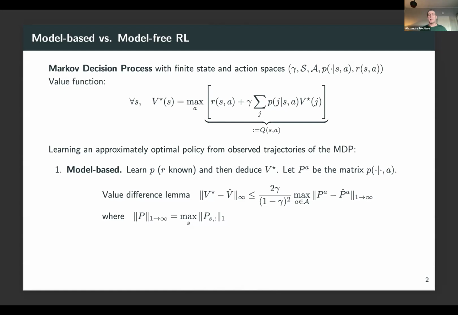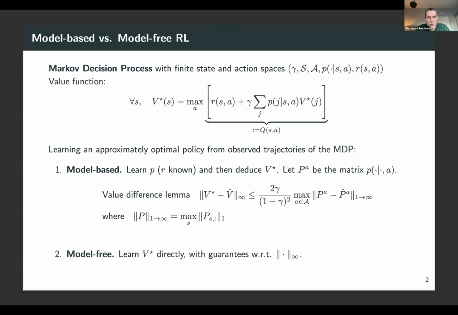This is a norm that is a bit more precise than the spectral norm or the Frobenius norm when it comes to matrices. So one key aspect here is that if you want to have a guarantee in model-based RL, you need to estimate the transition probabilities in a 1 to infinity norm.